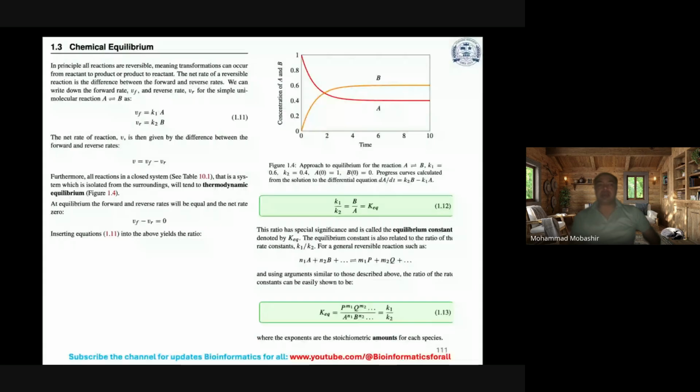All reactants in a closed system, that is a system isolated from the entire surroundings, will tend to go to thermodynamic equilibrium, but in an open system it remains different. At equilibrium, the forward and reverse rates of reaction will be equal, and the net rate will be zero.